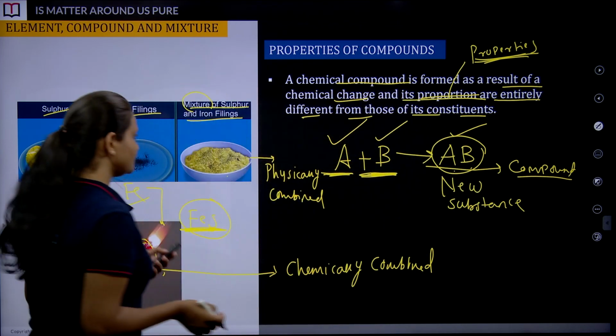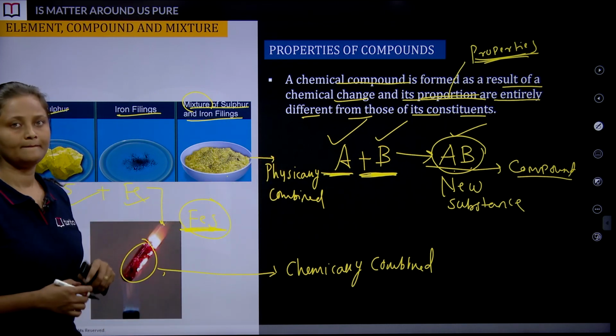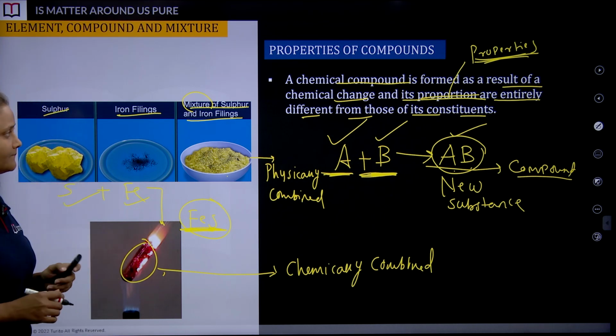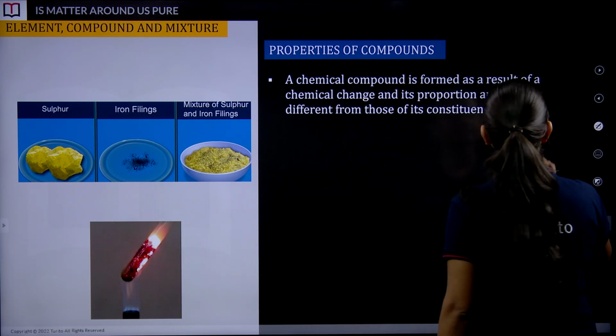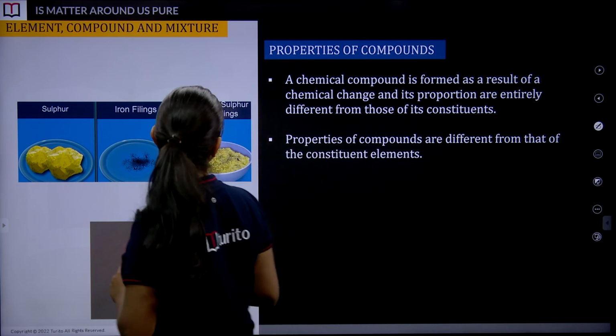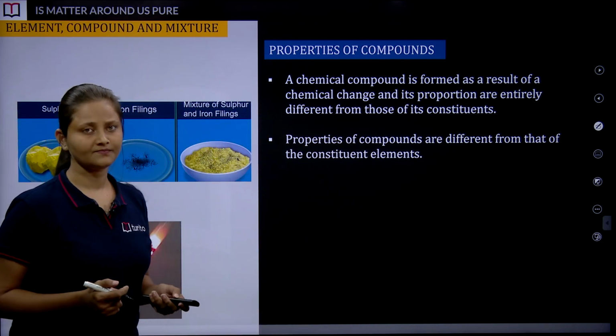If you want to make a note of this, you can quickly, just a general representation. Next property, it says, properties of compounds are different from that of the constituent elements.